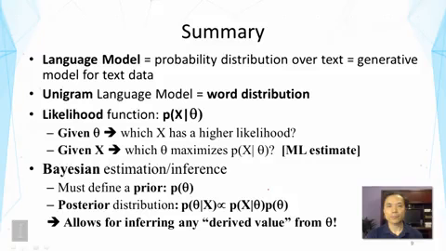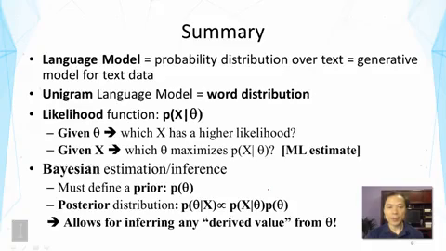So to summarize, we introduced the language model, which is basically a probability distribution over text. It's also called a generative model for text data. The simplest language model is the unigram language model, which is basically a word distribution. We introduced the concept of the likelihood function, which is the probability of the data given some model. This function is very important.